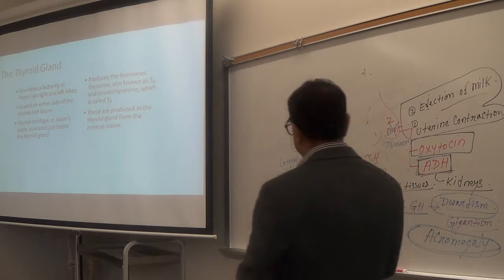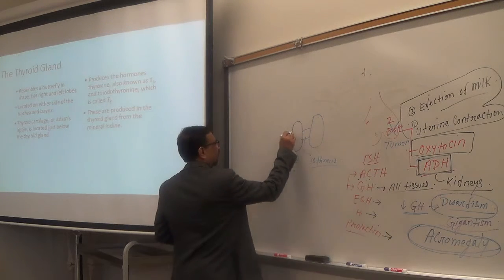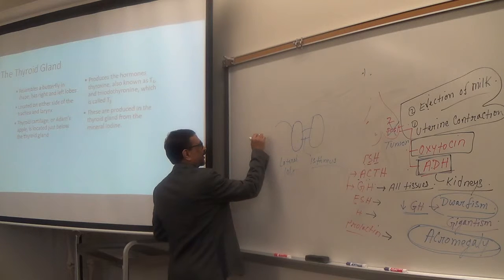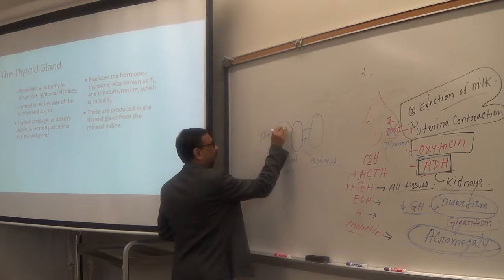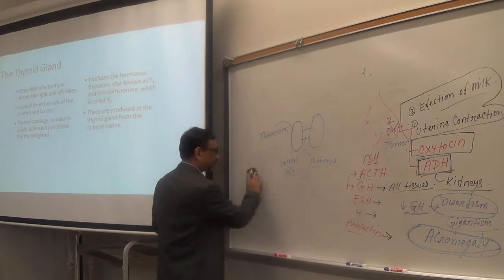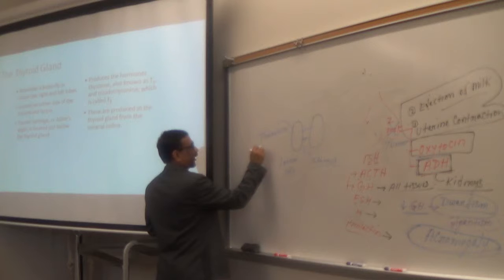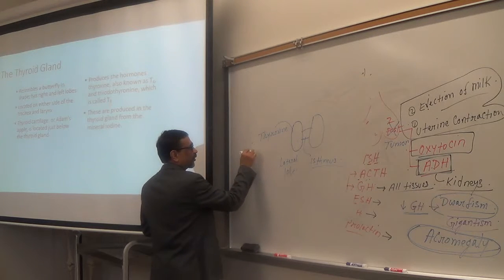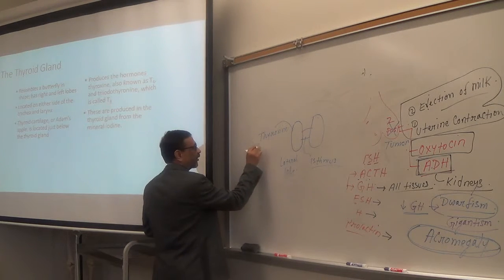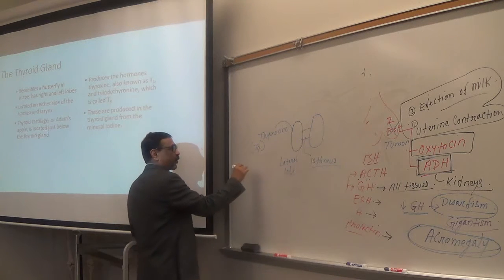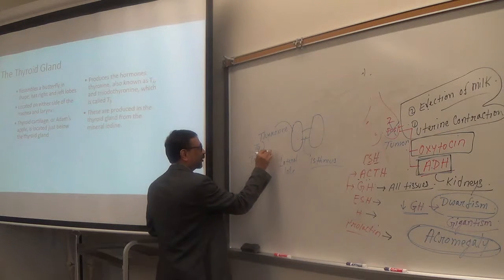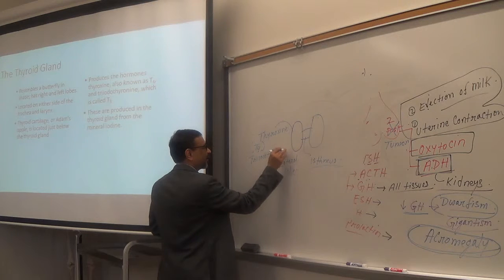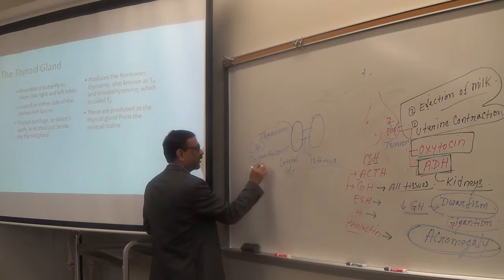Now, the thyroid gland produces thyroxine, which is also called T4, tetraiodothyronine, and another is called triiodothyronine, which is also called T3.